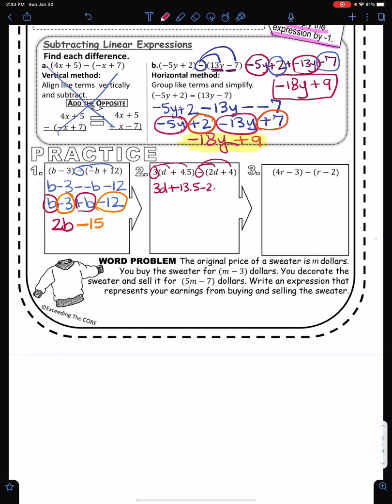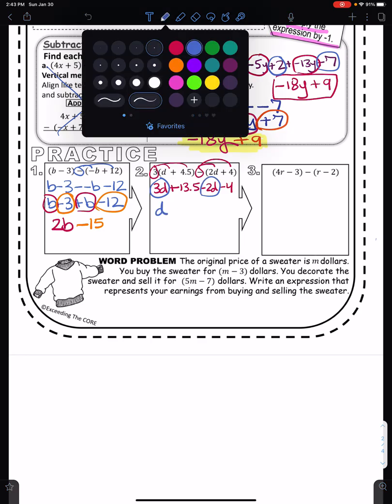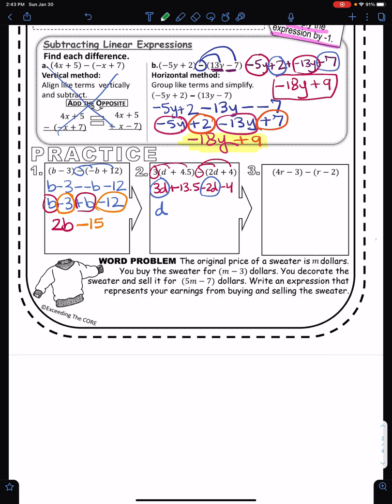Now I can go and circle my like terms. 3d and -2d make 1d, or I can just write d. I don't have to write the 1 in front of it. In fact, we don't like to write the 1 in front of it. And I have 13.5 minus 4, which is 9.5. And that's the answer.